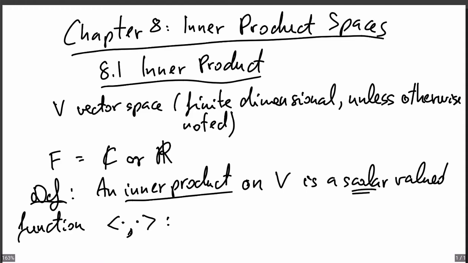So scalar valued means that the value will be a scalar, and since it has two arguments, these two arguments will be from the vector space. So that means that the mapping is from the cross product of the V vector space with the V vector space, and it has to satisfy the following properties.